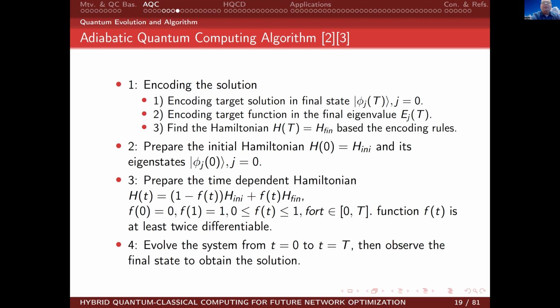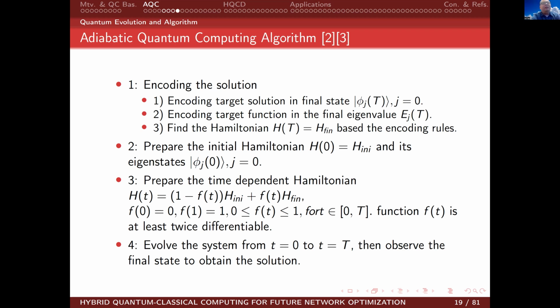So that means we need to find a Hamiltonian for the problem we want to solve. And this Hamiltonian, as we say, is time dependent, right? We have an initial Hamiltonian and a final Hamiltonian. For us to solve a classical problem, we need to design the final Hamiltonian for this classical problem. So that's the first part.